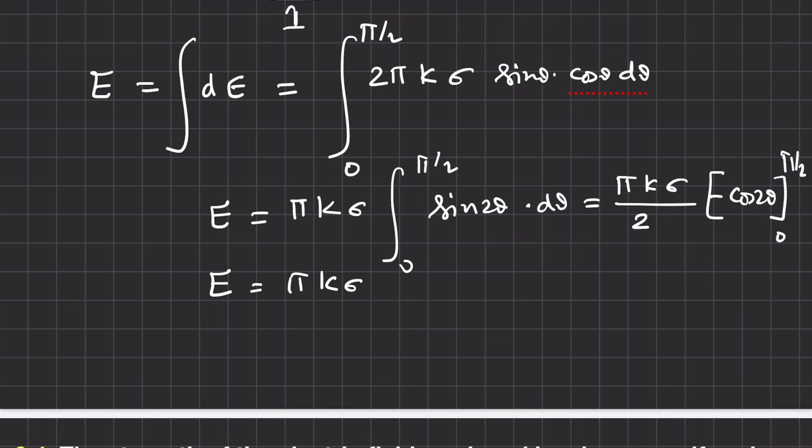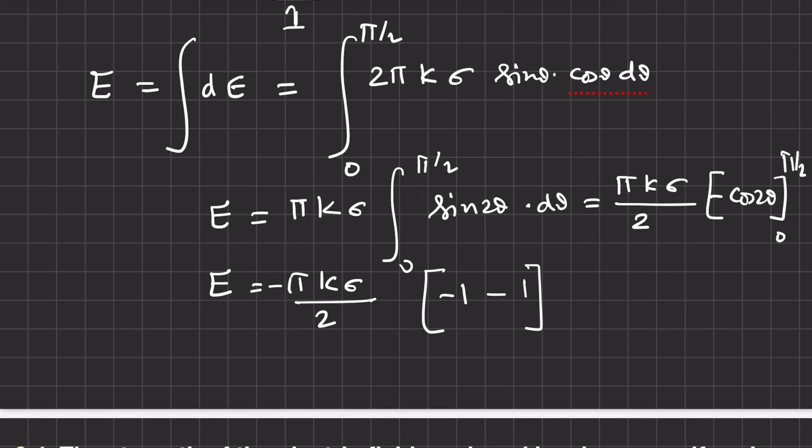So if I put the values, pi k sigma divided by 2, and for the upper limit, cos pi by 2 instead of theta, you will get cos pi, which is equal to minus 1. And if you put 0, that will be 1 only.